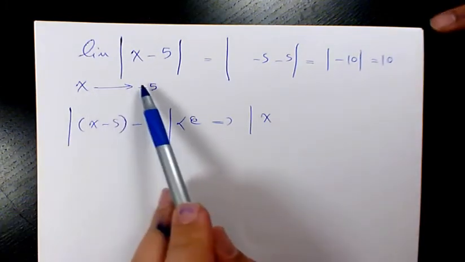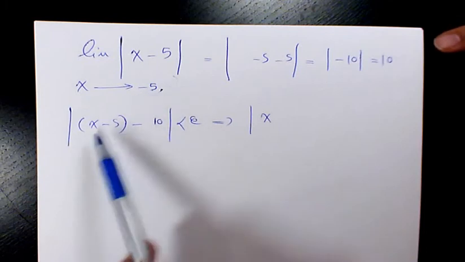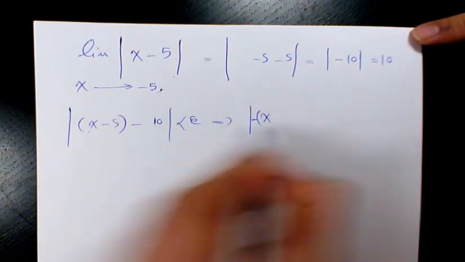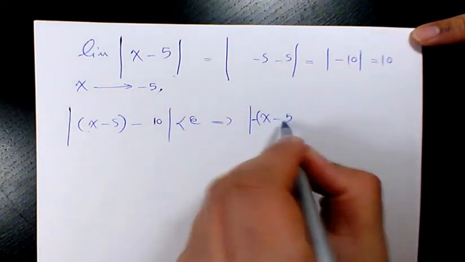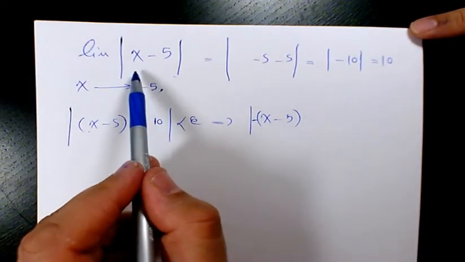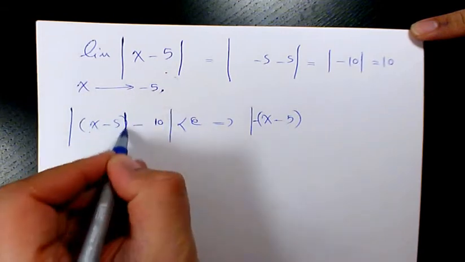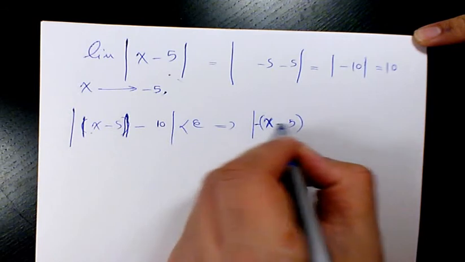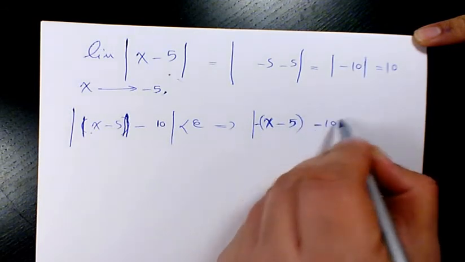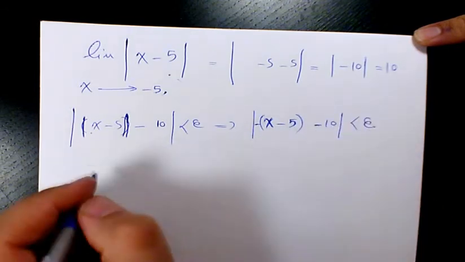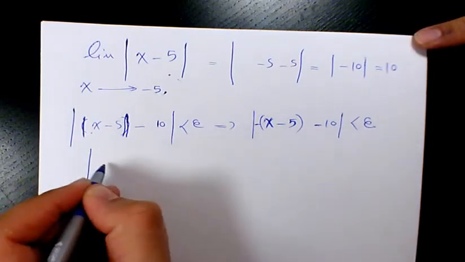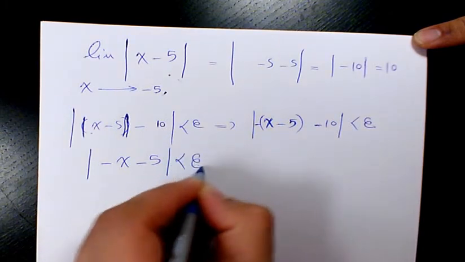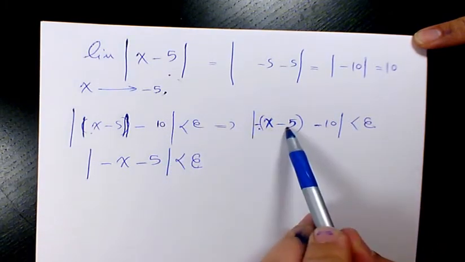Since x is negative, because it is close to negative 5, the absolute value of x minus 5 is going to be the negative of that. It's going to be negative x minus 5, because the function by itself is the absolute value of x minus 5. So we need to put it in the absolute value. So it's going to be the absolute value of negative x minus 5 minus 10 less than epsilon. So that will be negative x minus 5 less than epsilon, because negative times negative is going to be positive.